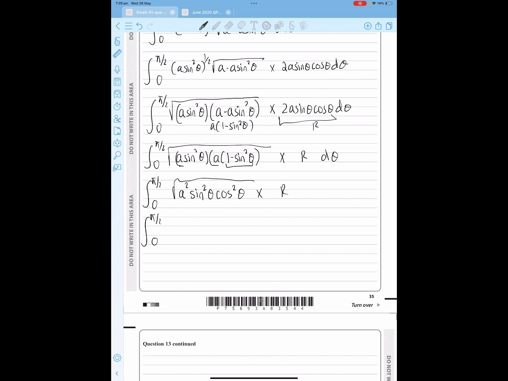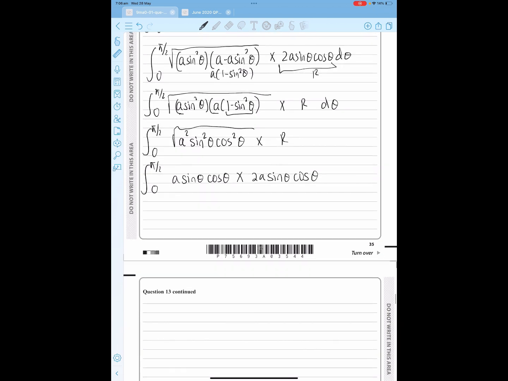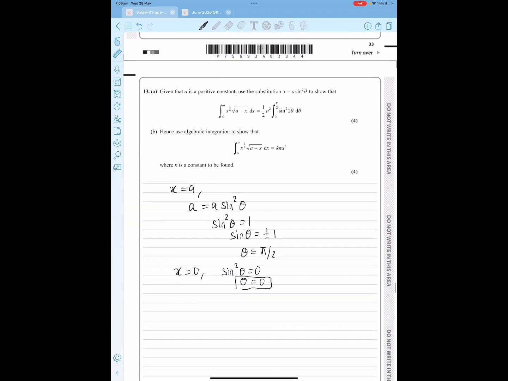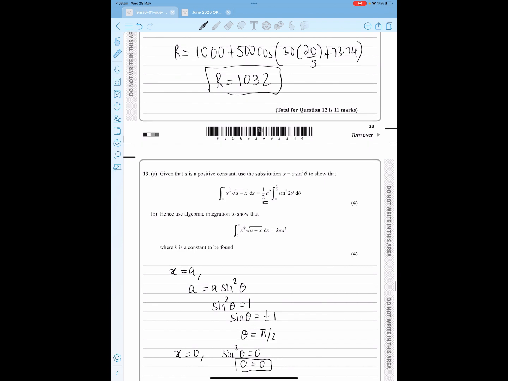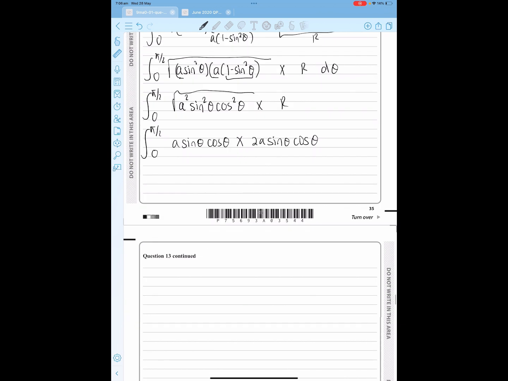Now that becomes a sine theta cos theta times, bringing r back in, 2a sine theta cos theta. Let's examine what our final thing is. They want to take out a half a squared and show sine squared 2 theta.